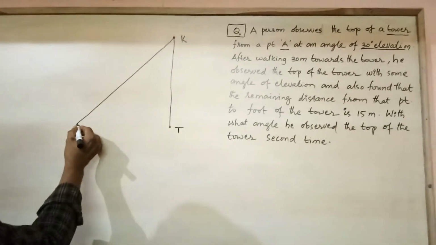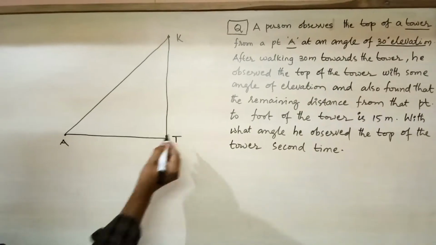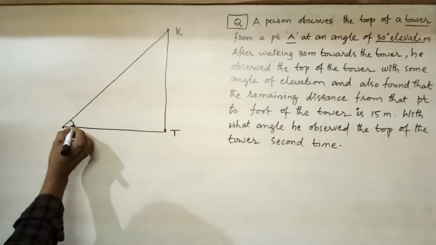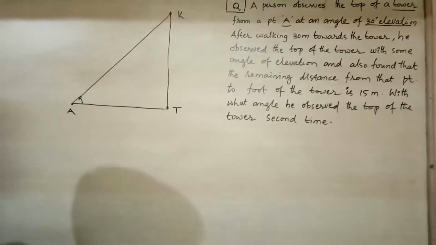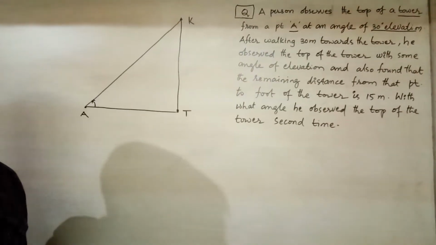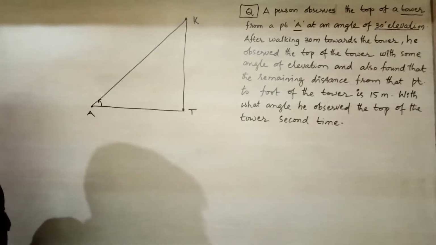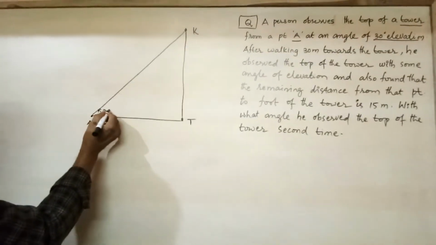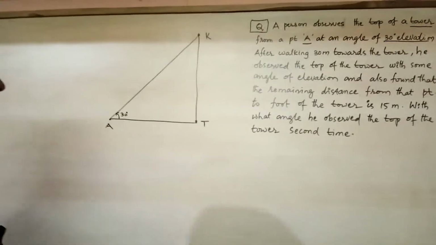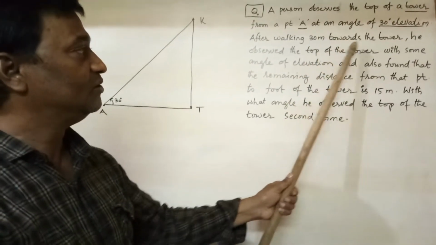If we join the foot of the tower here, from this point he rotates his eyes 30 degrees, 30 degrees elevation, and then walks 30 meters towards the tower.